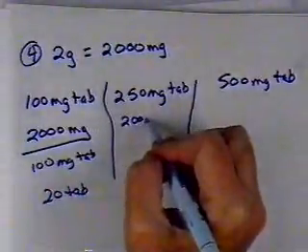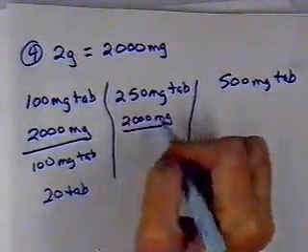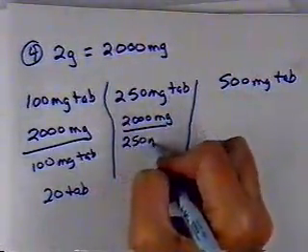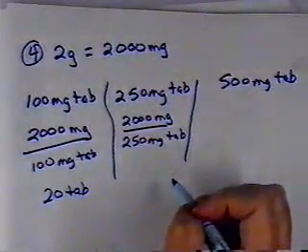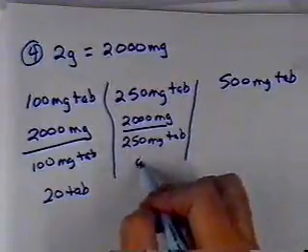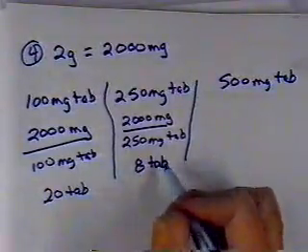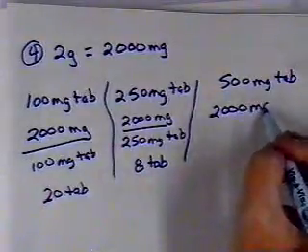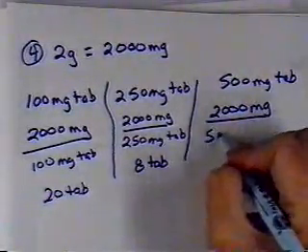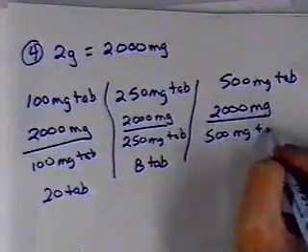I'm going to take 2,000 milligrams divided by 250 milligram tablets. And 2,000 milligrams divided by 500 milligram tablets.